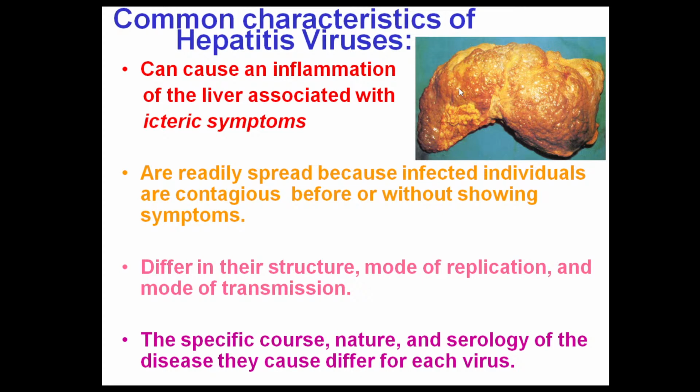Hepatitis viruses are readily spread because infected individuals are contagious before or without showing symptoms. That makes them so common in human pathology. But in other features, all those hepatitis viruses are different. They belong to different families, they have different structures, and they replicate in their own ways.